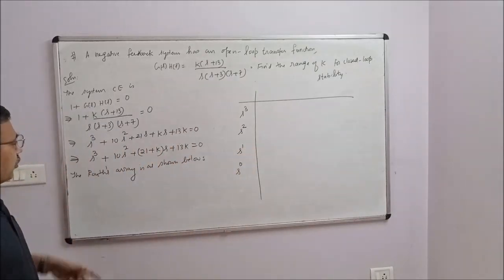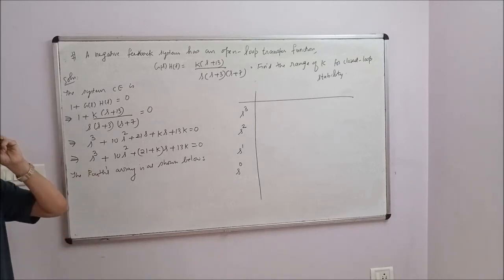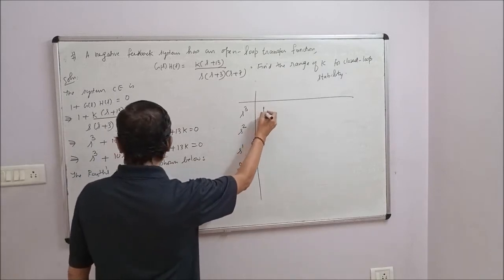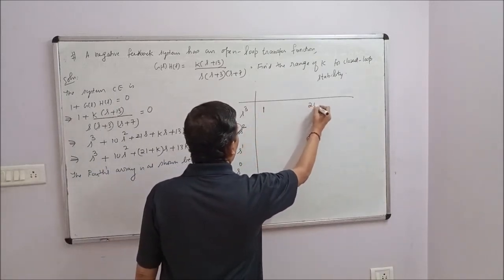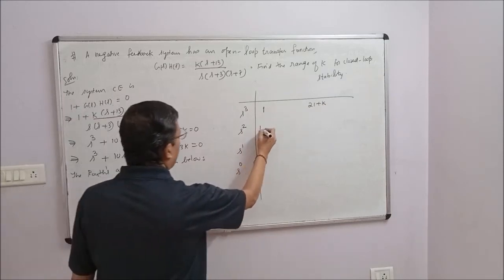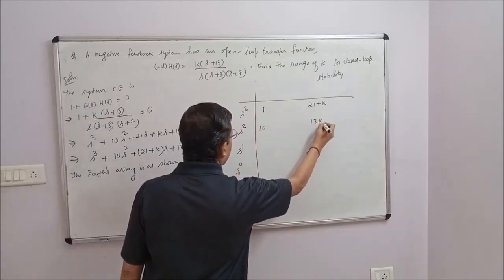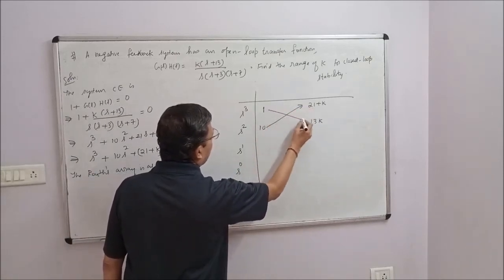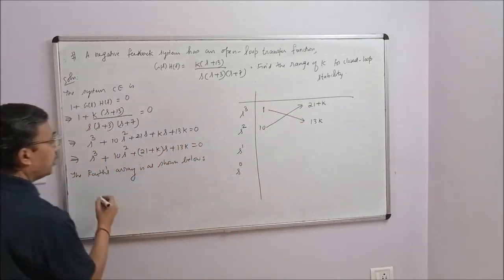The first and second rows are entered from the given characteristic equation. This is 1, this is 21 plus K, this is 10 and this is 13K. So for this element, this into this minus this into this by this. I will compute it.